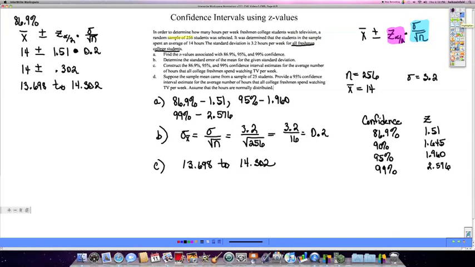We will do exactly the same thing for the 95 and the 99%. The only difference in what we do this time will be that instead of using 1.51 as our z-value, we'll be using for the 95, 1.96.